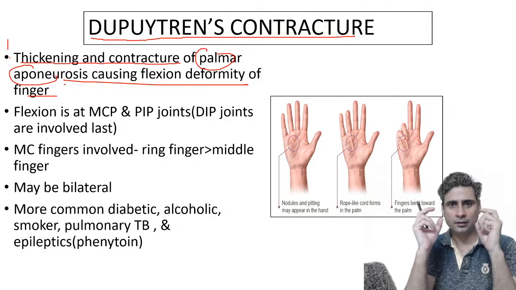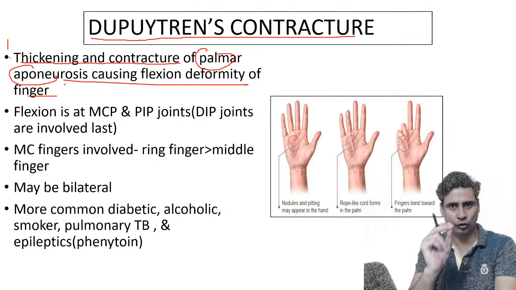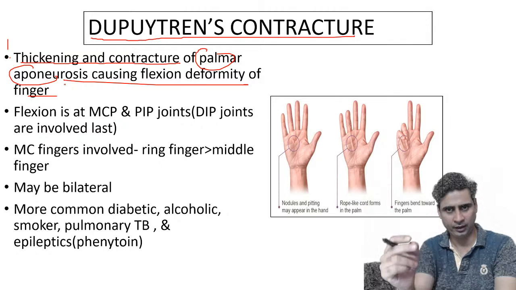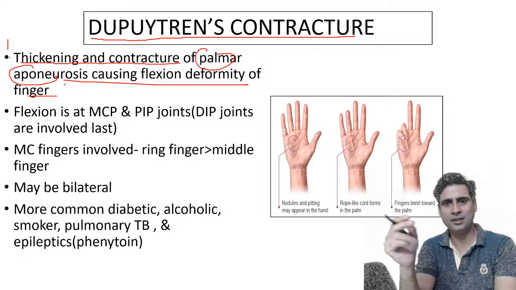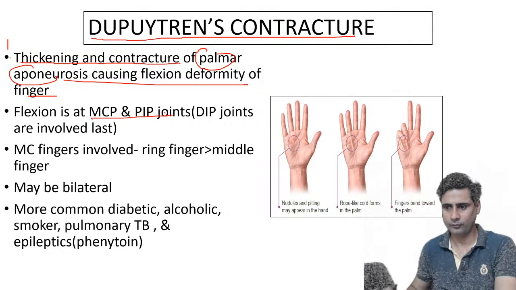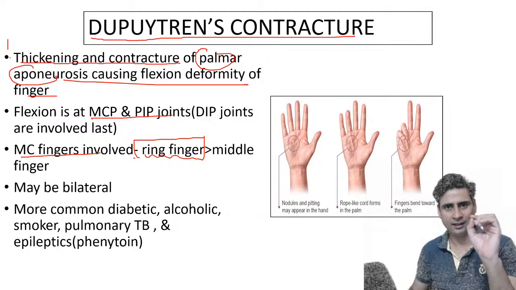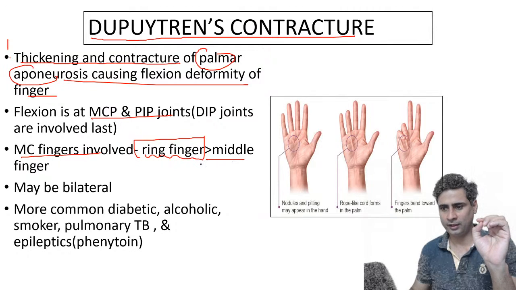First, there is flexion of the metacarpophalangeal joint, which is involved most commonly, followed by the proximal interphalangeal joint. The distal interphalangeal joint is usually spared. The most commonly involved finger is the ring finger. The ring finger is involved at the earliest stage. Later on there is involvement of the middle finger also.